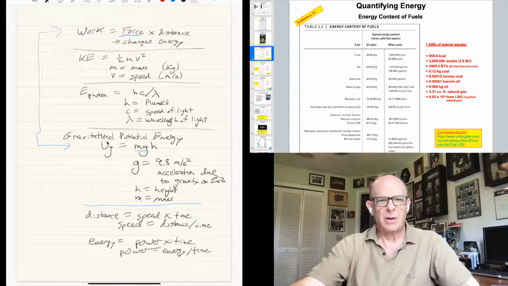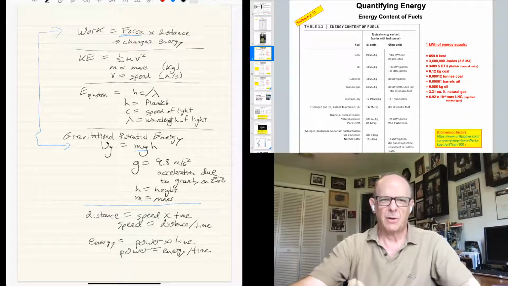These tables, and you can also look them up, have the energy content equivalent for different things, and it's the energy per unit mass. So let's take a look, for example, at coal, which has 29 megajoules per kilogram.